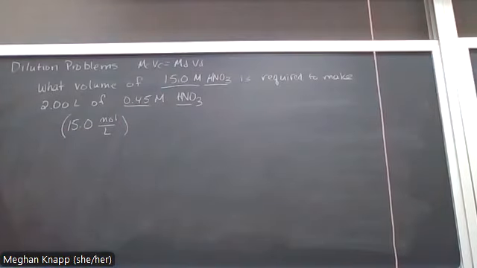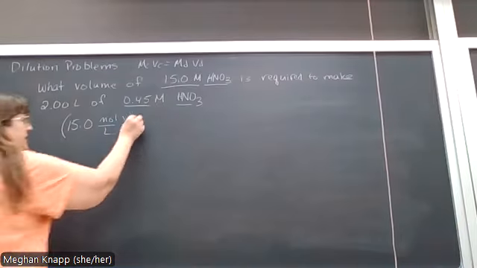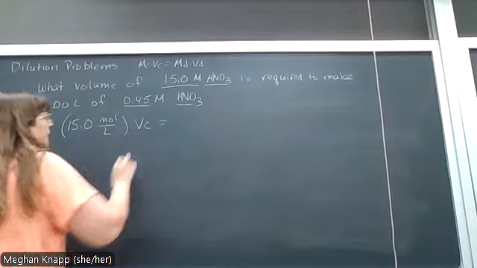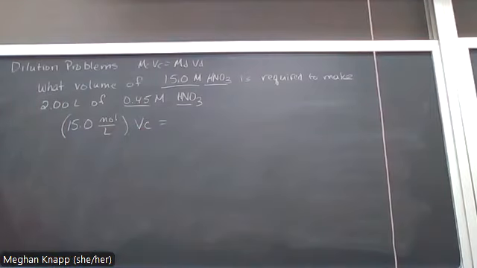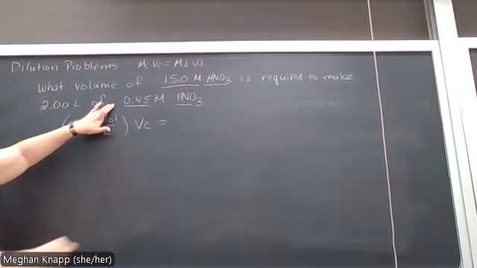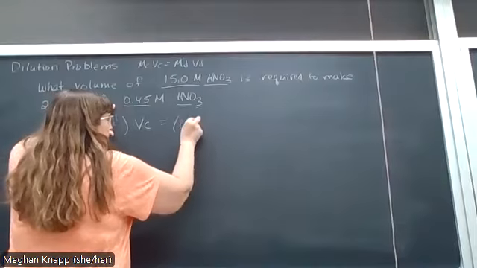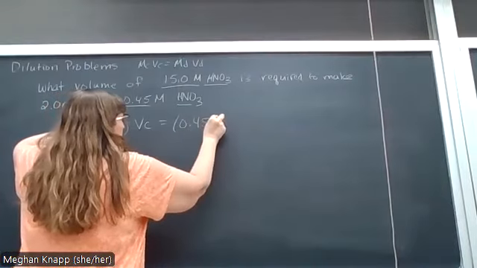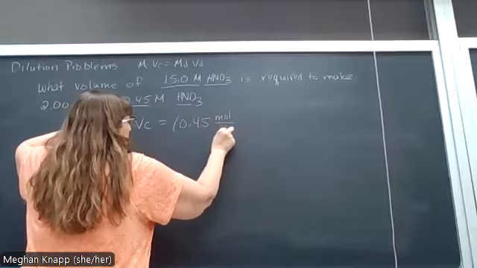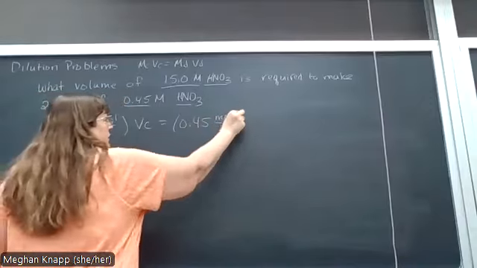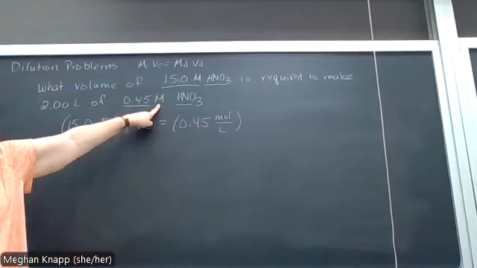The next thing I need is the volume of the concentrate. Is that given to me? No, so I'm just going to leave it as VC. Then I need the molarity of the nitric acid diluted. That's this one. This capital M is molarity.